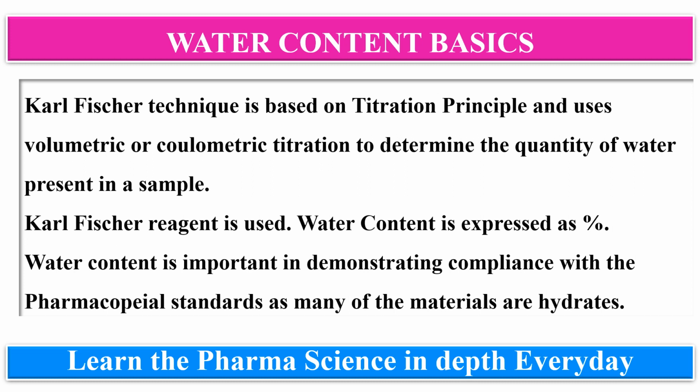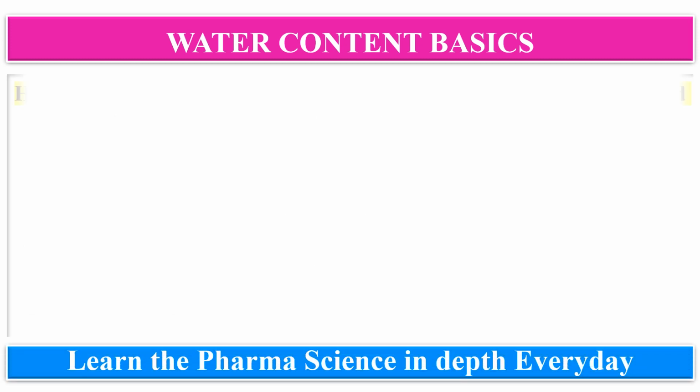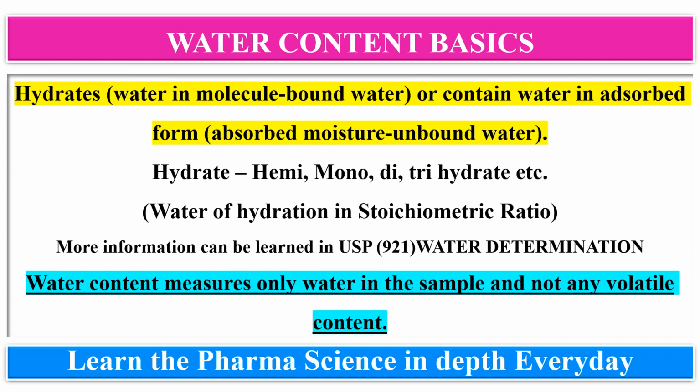Water content is also important in demonstrating compliance with pharmacopoeial standards, as many of the materials are hydrates. So there is a water of hydration in the hydrates. That's why this test becomes important for materials which have water of hydration. Hydrates, that is water in the molecule, is also called bound water.